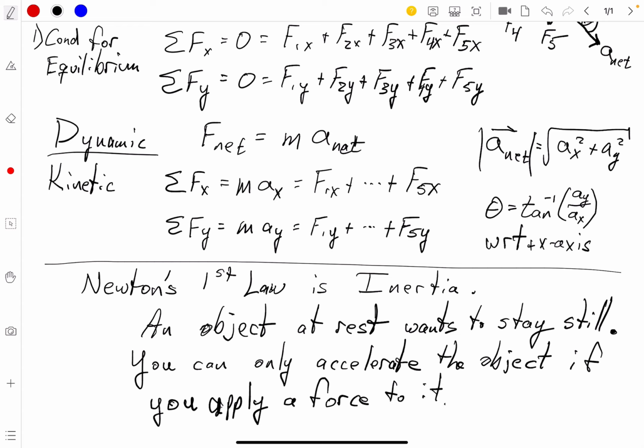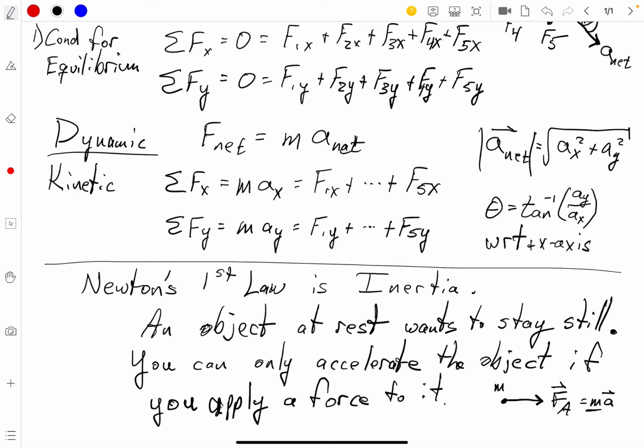All right, so it'll stay at rest until you apply a force to it, and if you can get a force applied to it, then here you have your mass, you apply a force, and then that thing will start to accelerate in the same direction as the force. Fine. All right, great. You guys know this, that's fine.